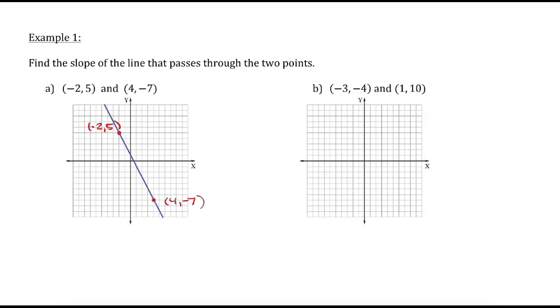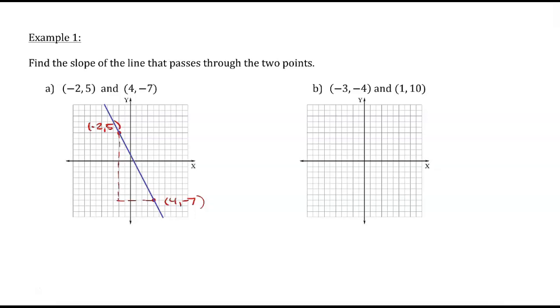Looking at these 2 points, let's talk about how much rise and how much run happens to get from one point to the other. If we start at (-2, 5), the amount of rise we would have to do is moving down to a height of -7. Then we have to move to the right to represent the run.